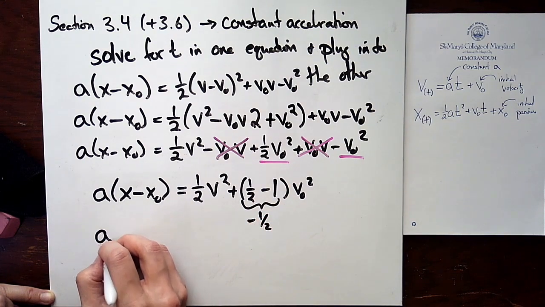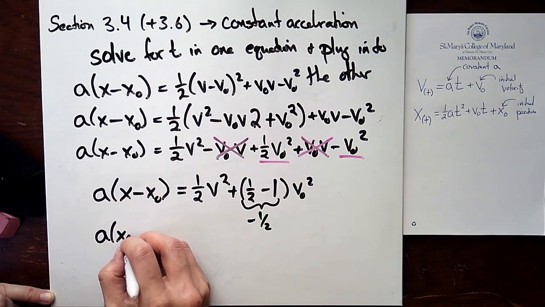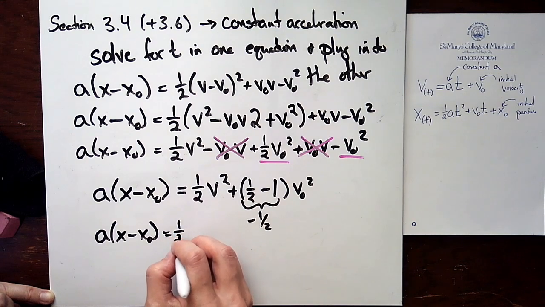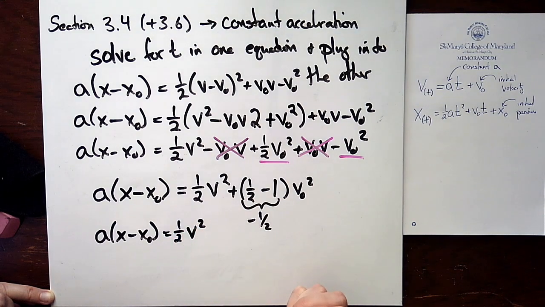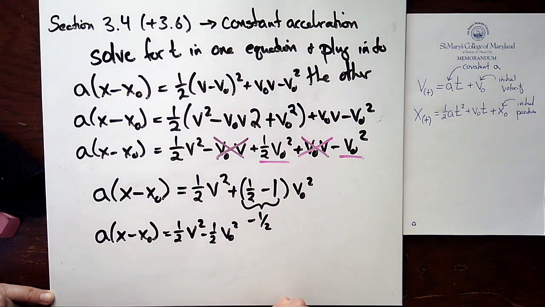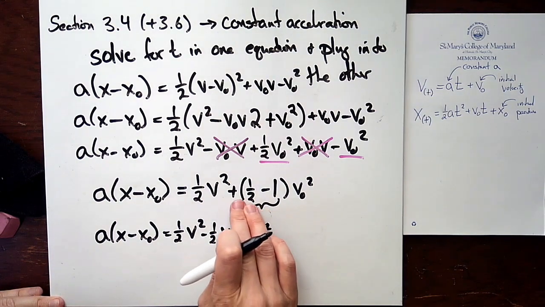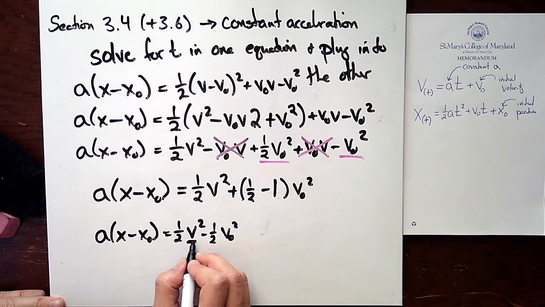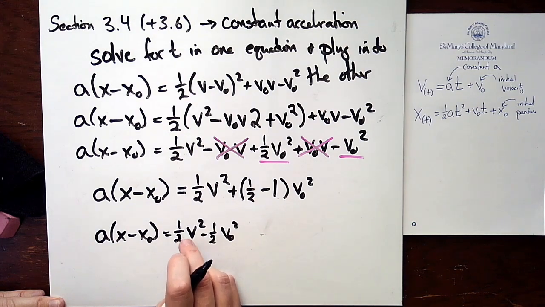So we're left with a times the quantity x minus x naught equals 1/2 v squared minus 1/2 v naught squared. Just erase that to make it a little bit clearer. And we're solving for this guy, for v.